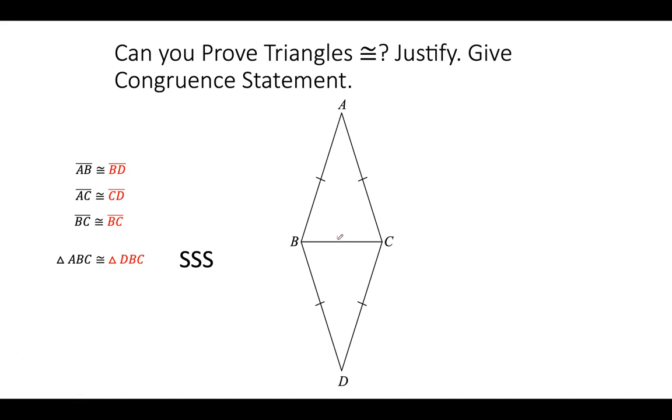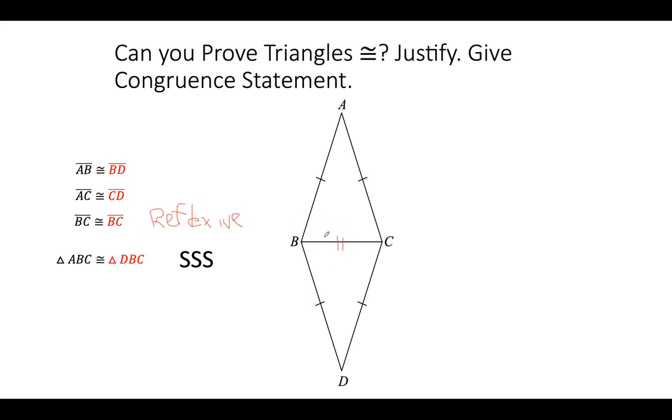And then I'm going to say that BC is the same as BC, and that's that reflexive property. I should have written this on the thing. Or you could say that they're the same segment. Reflexive. Okay.